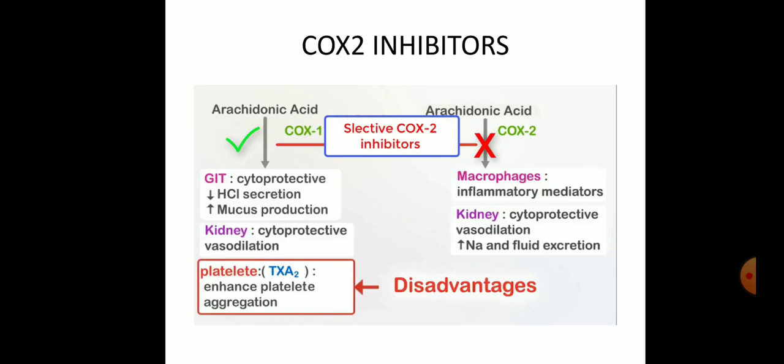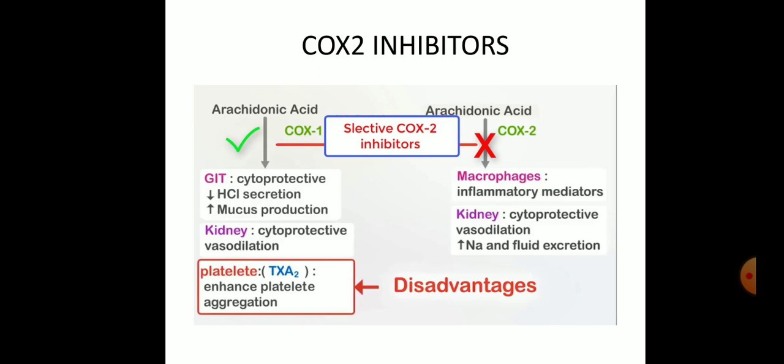Why does it occur? COX-1 inhibition is responsible for the antiplatelet aggregatory effect. Since selective COX-2 inhibitors are used, this anti-aggregatory effect is lost, and it may shift the balance towards the thrombotic side. There are more chances of thrombotic problems in patients using COX-2 inhibitors.